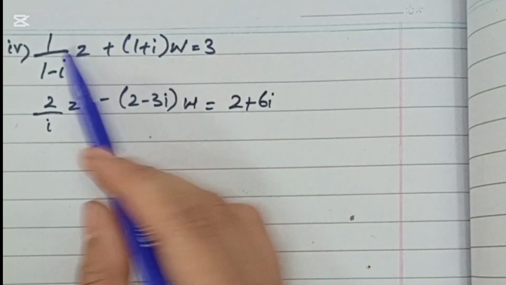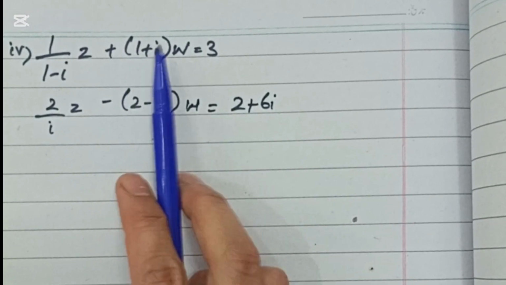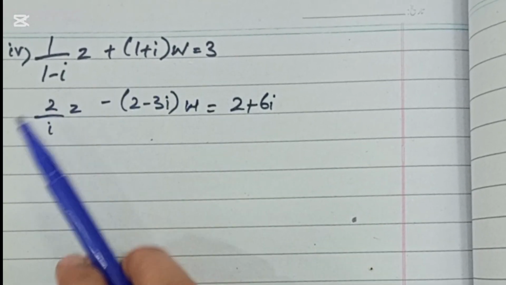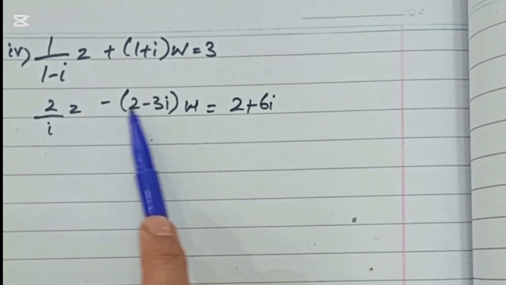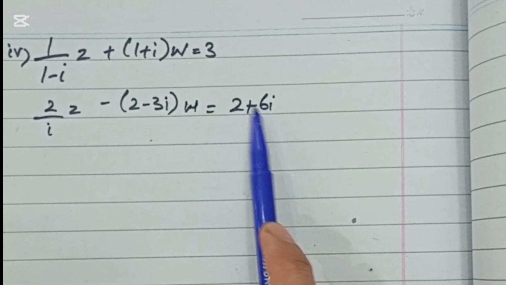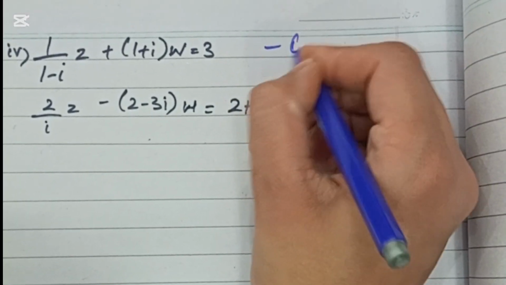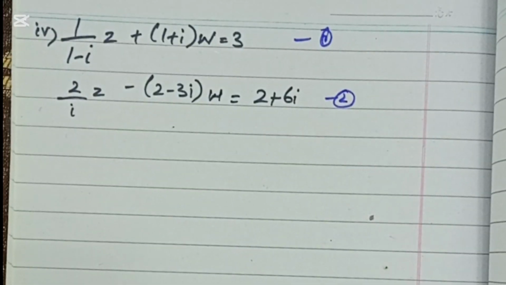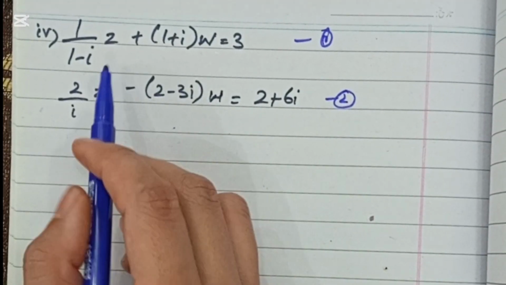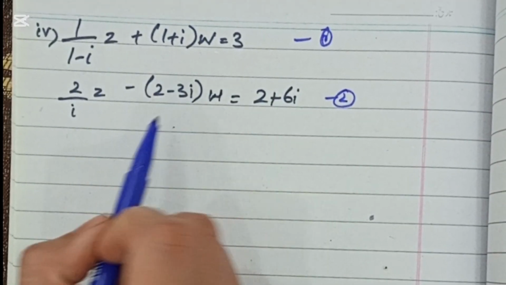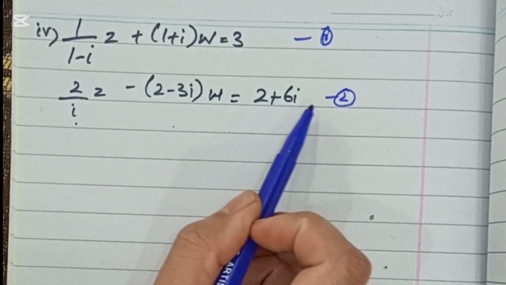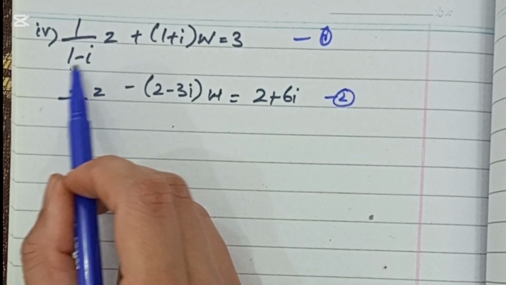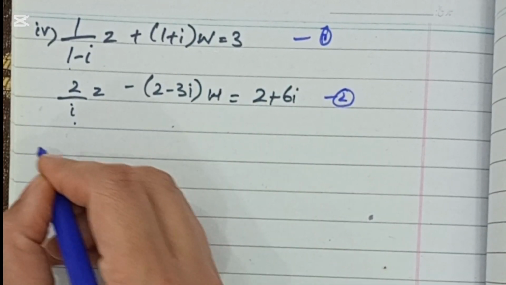Okay, part number 4 is 1 by 1 minus iota z plus 1 plus iota w equals to 3, 2 by iota z minus 2 minus 3 iota w equals to 2 plus 6 iota. This is equation 1 and this is equation 2. Okay, so we will multiply equation number 1 with 2 by iota and equation number 2 with 1 by 1 minus iota.